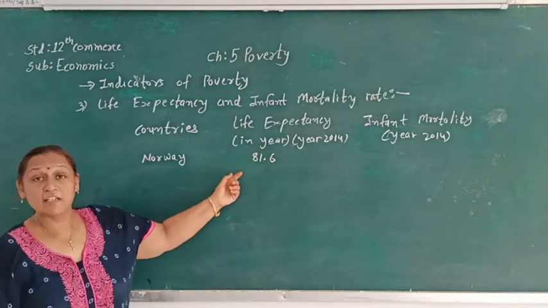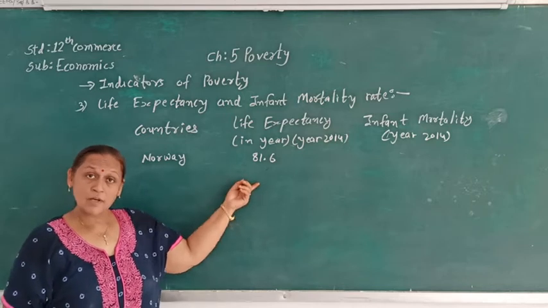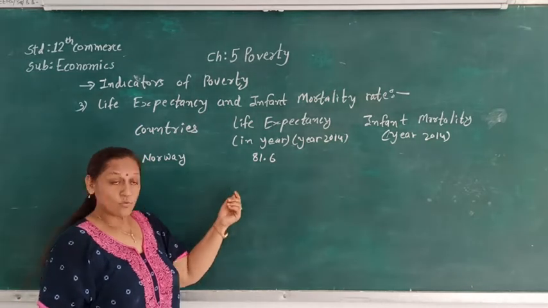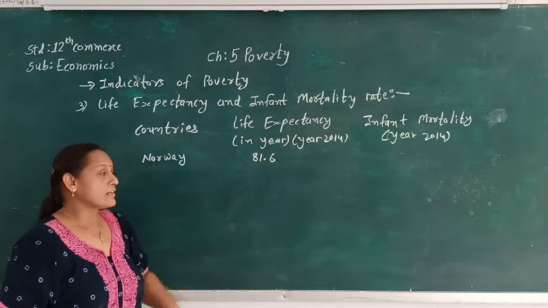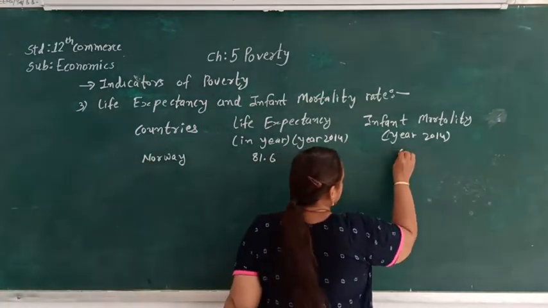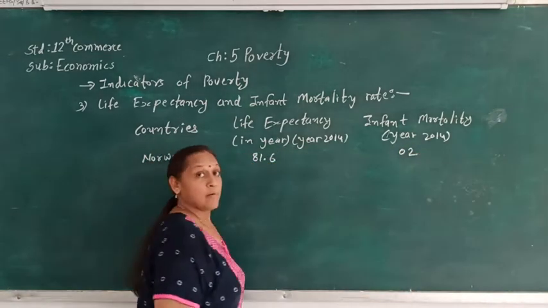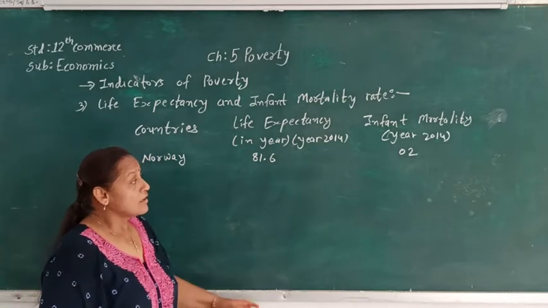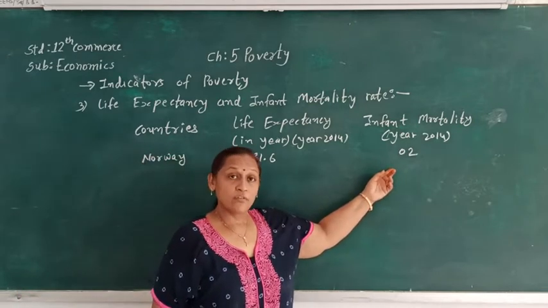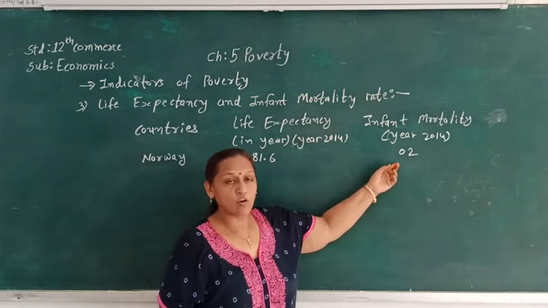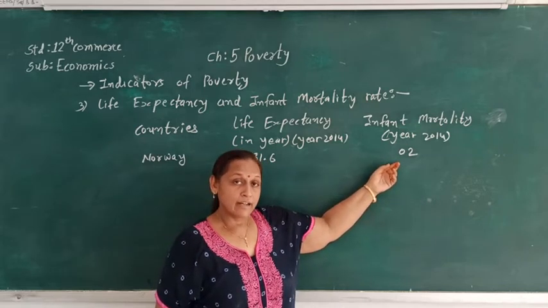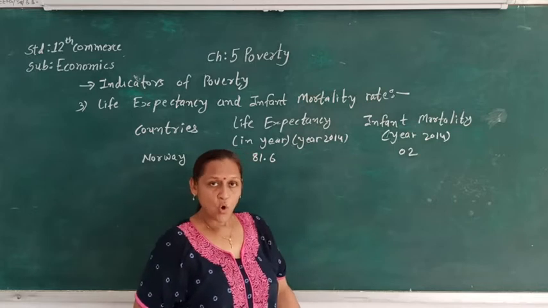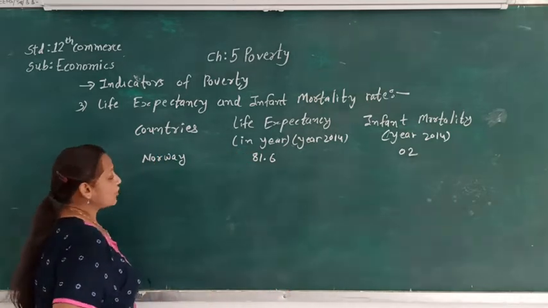So if a person is born here, that person is expected to live somewhere around 82 years. And here the infant mortality rate is 2 children per 1,000 children. So if 1,000 children are born here, only 2 are expected to die before 1 year. So this is for Norway.